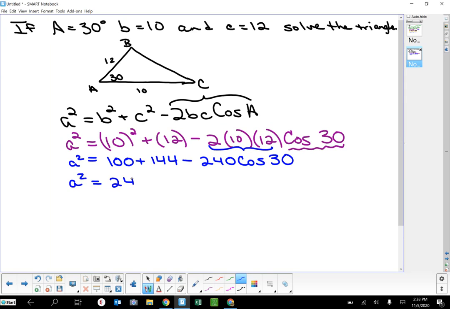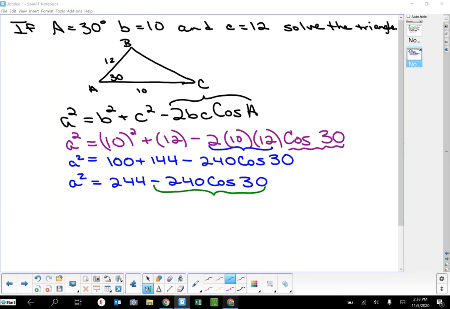This will give me 244 minus 240 times cosine of 30. Here's the mistake you should not make. Don't go 244 minus 240 and do 4 times cosine 30. This is all one piece of information, right? So in your calculator, you're going to put in 244 minus 240 cosine 30.